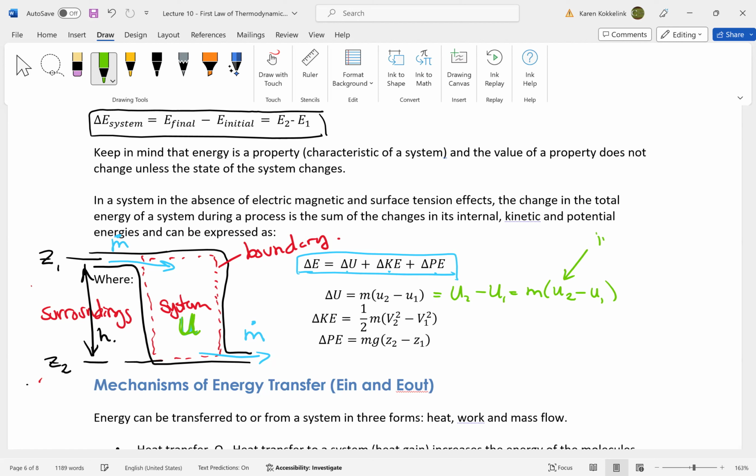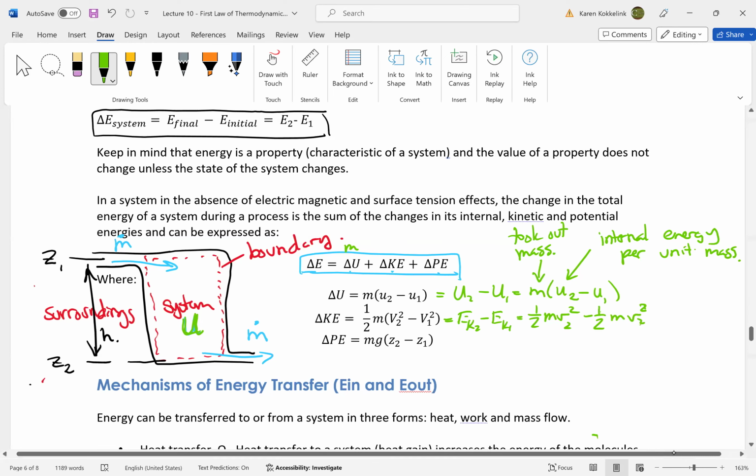So delta U is U2 minus U1, or mass times the internal energy per unit mass. I took out mass. Why? Because I know it would be handy if I take out mass from this term. And then a change in kinetic energy is equal to EK2 minus EK1, which is equal to 1/2 m v2 squared minus 1/2 m v1 squared.